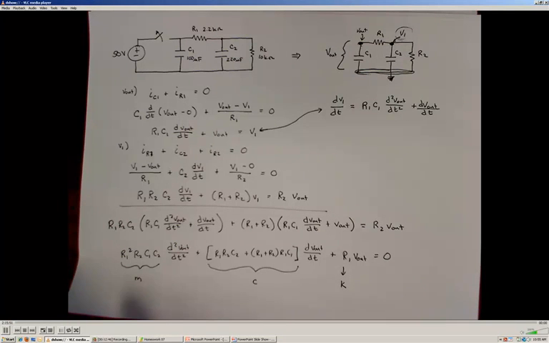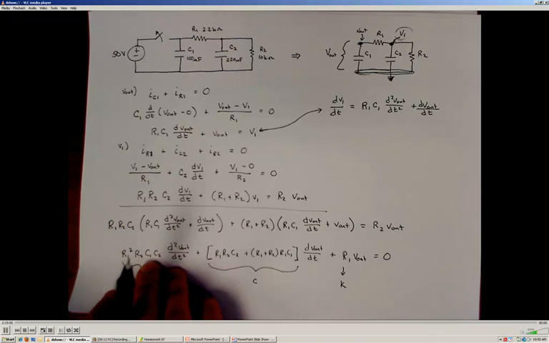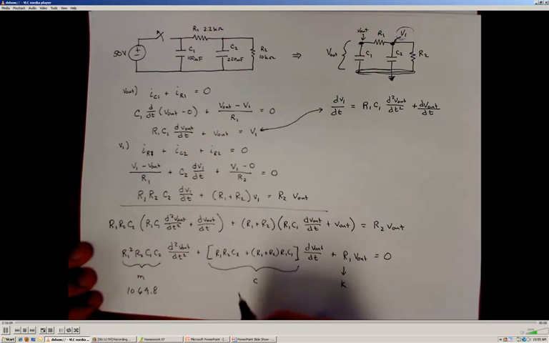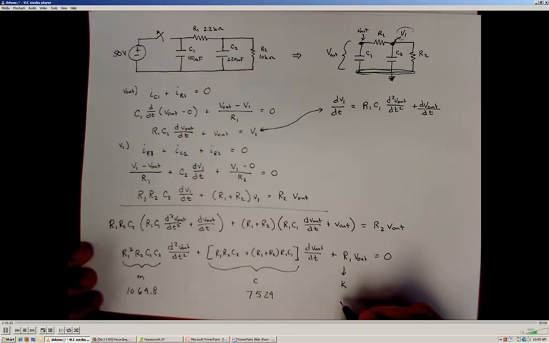So if we plug in values to our damping ratio, if we solve for values of M and C and K, we find that M is equal to 1064.8, C is equal to 7524, and K is equal to 2200.